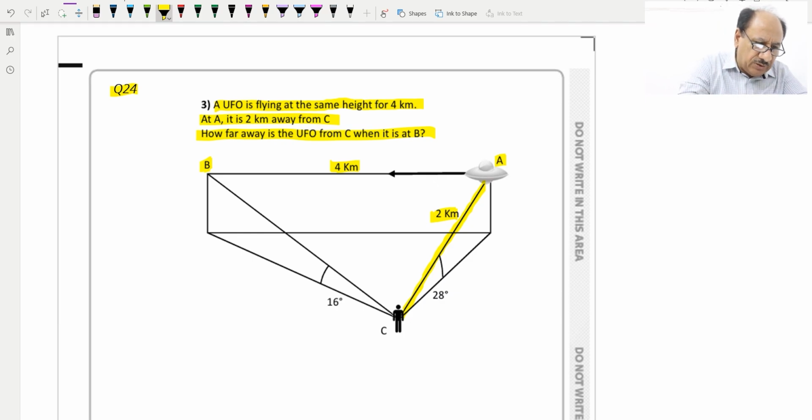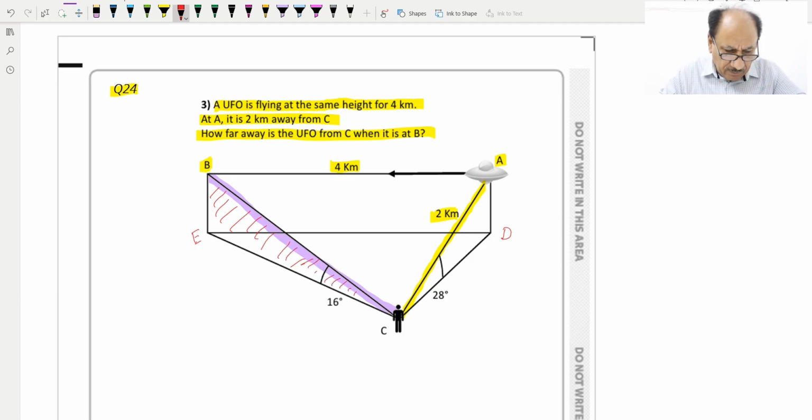First of all, we will label the rest of the points. A, B, C is there, so we can label this as D and this one as E for our reference. So we need to find this distance, and for that we need to consider this triangle, for which we don't have much information. We have only the angle, which is 16, and this one is basically 90 degrees. The rest of the information we don't have.